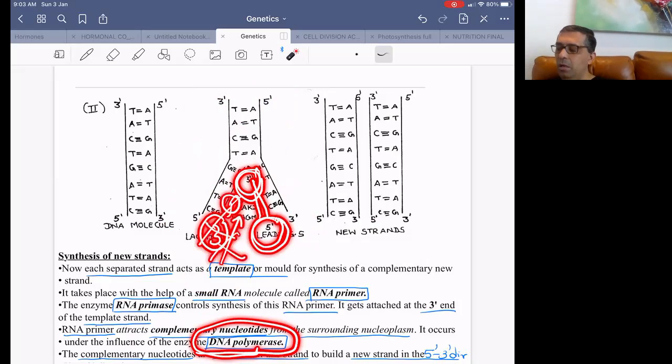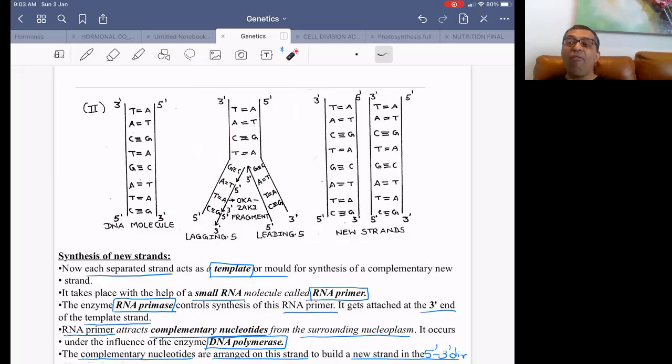This is not possible. So how will polymerization take place? The golden rule of DNA polymerase is that it will always go from 5 end to 3 end. It will not go from 3 end to 5 end. So how does polymerization take place?